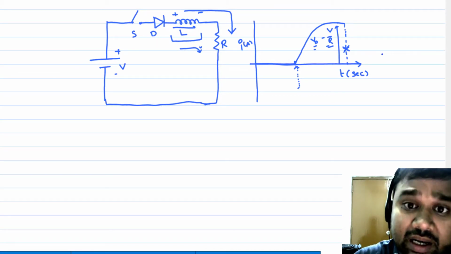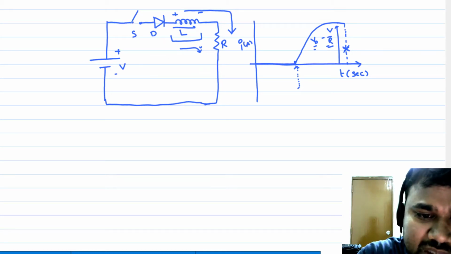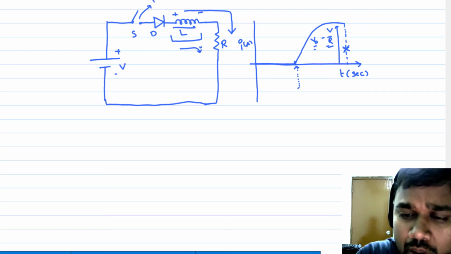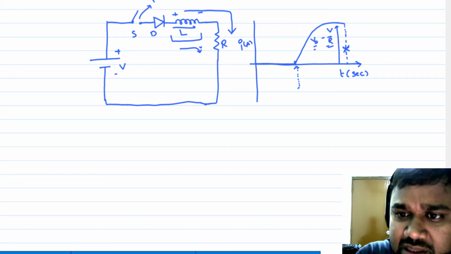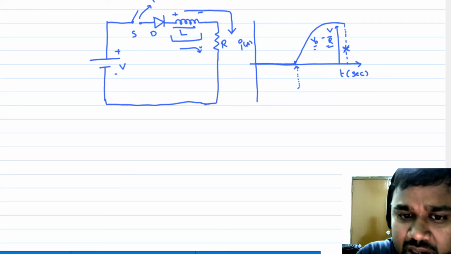Now if I open this switch, the resistance is approximately infinity. The voltage that will develop across the switch is I into R.